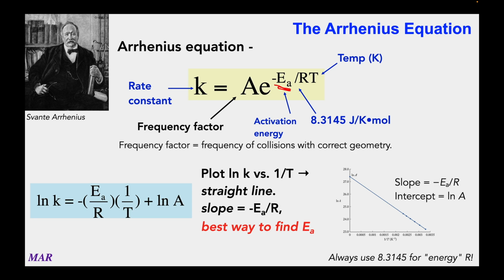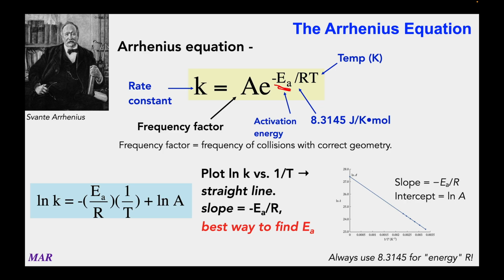Just like what we saw earlier with the integrated first order rate law, when you plot natural log of the concentration versus time to get a straight line, if you plot natural log of the rate constant K versus 1 over the Kelvin temperature, you will also get a straight line. And the slope equals minus E A over R. Now, R is just 8.3145, a constant.